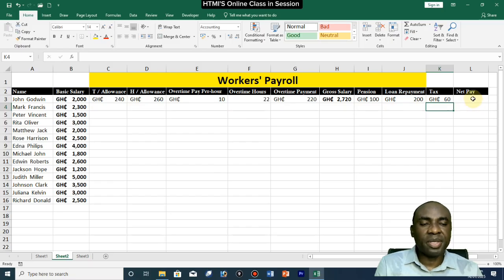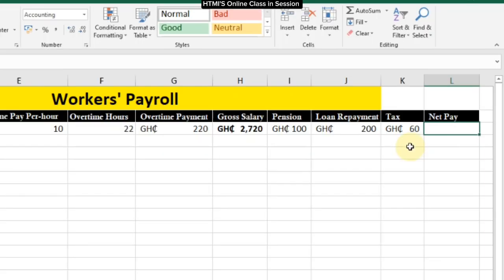So what's the net payment? The net payment will be gross salary minus pension minus loan repayment minus monthly tax. So now we're going to use subtraction. Equal to gross salary minus pension minus loan repayment minus tax.